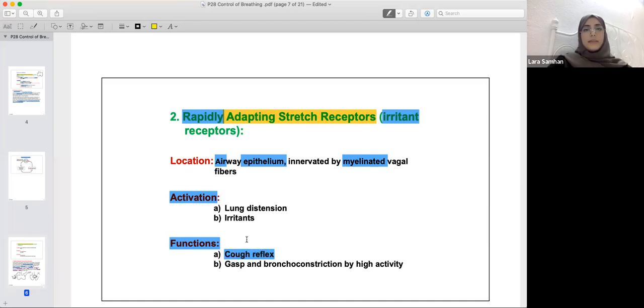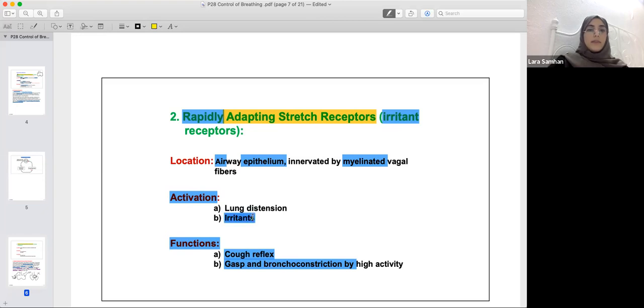The cough reflex is stimulated by the rapidly adapting stretch receptor. It also helps in the gasp and bronchoconstriction. If we have very high activity, we can have bronchoconstriction, and this will be aided by the rapidly adapting stretch receptors.